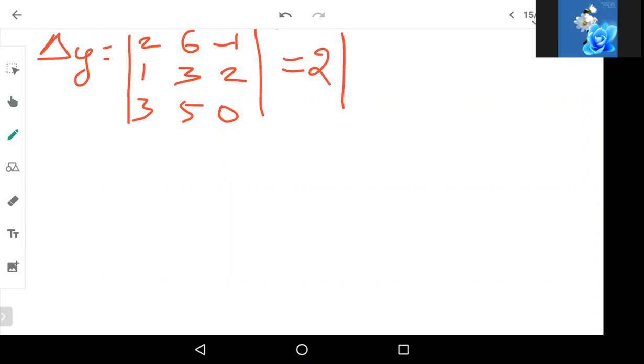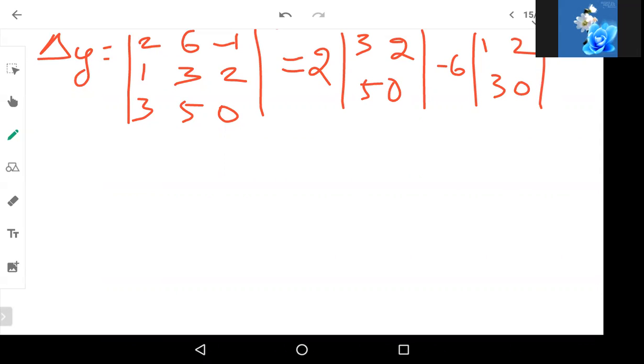Okay. So 2, 3, 2, 5, 0. Correct. Next. After that, what should be the number? Minus 6. Good. And what is the minor for 6? Minus 6. 1, 2, 3, 0. Good.